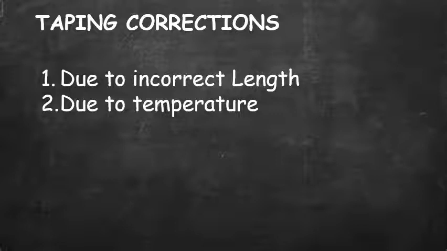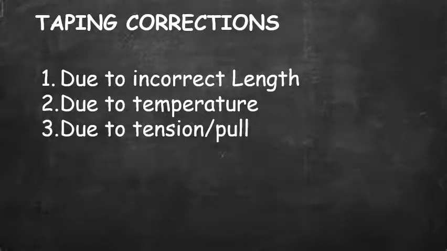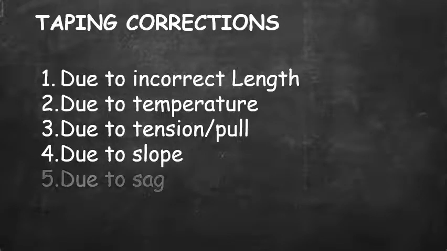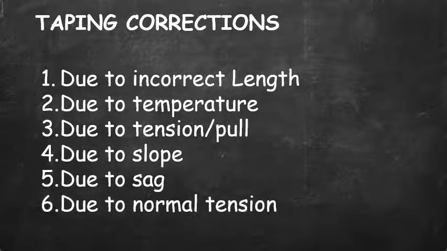So pag ginamit natin siya for outside, which is 35 degrees Celsius na, nag-e-elongate yung ating tape because of too much heat. We have naman due to tension or pull, ito yung applied na pull natin para ma-stretch yung ating tape. We have due to slope, due to sag, due to normal tension. So let's discuss each of this in the following presentation.